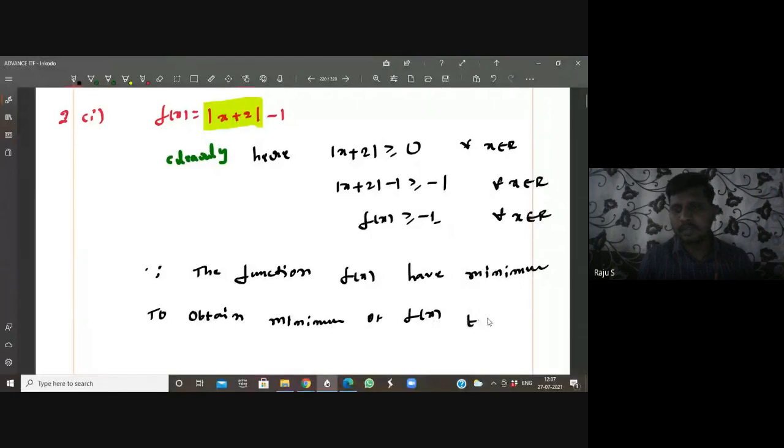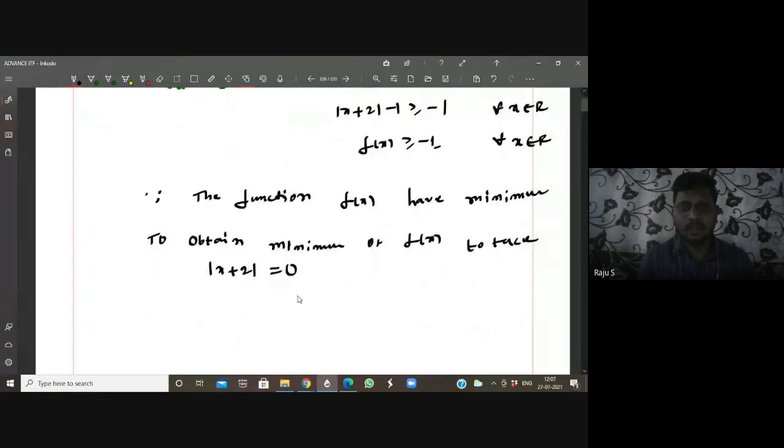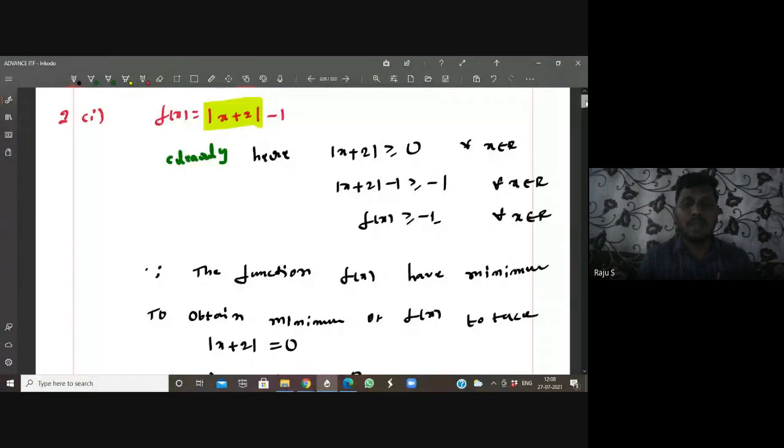we take the x plus 2 value equal to 0. Whenever x plus 2 is equal to 0, which implies, look here, x plus 2 is plus or minus 0, nothing but 0 alone. So x is equal to minus 2. At x equal to minus 2, the function has its minimum value, minus 1.